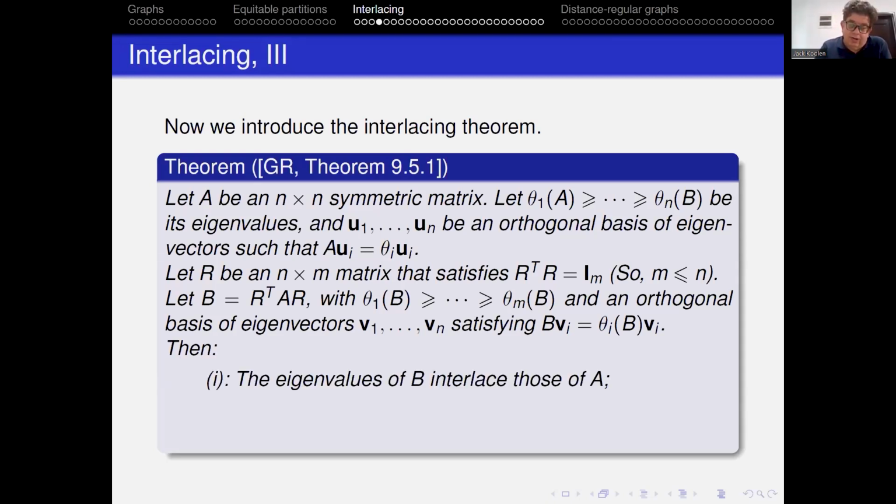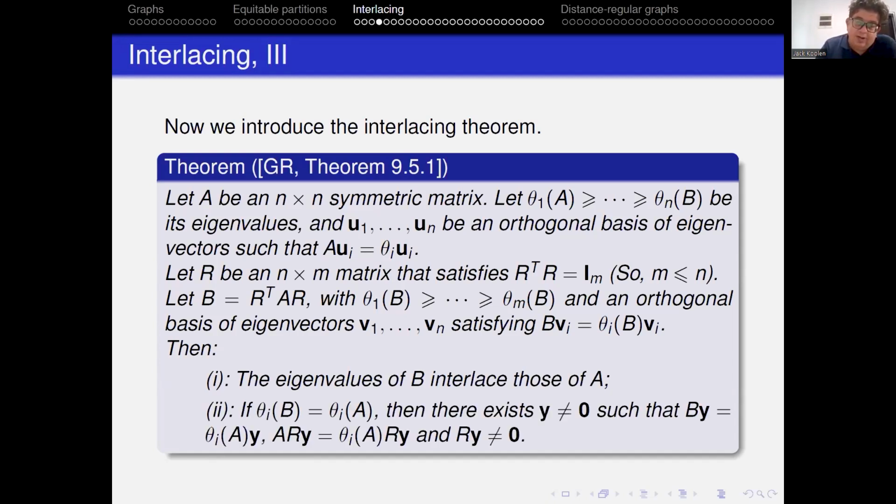Then what we can show is that the eigenvalues of B interlace those of A, and if theta i of B is theta i of A, then there exists y not equal to 0 such that By is theta i of A times y, and A R y is theta i of A times R y.